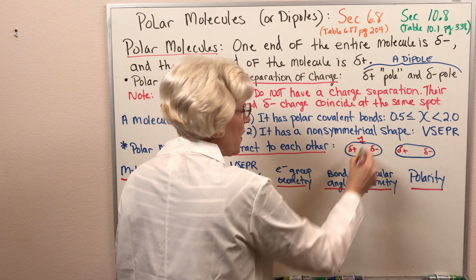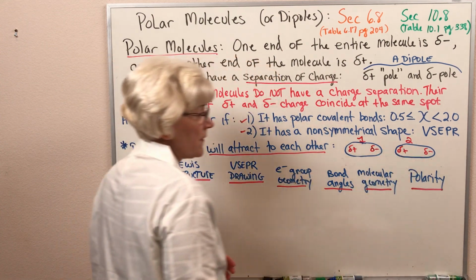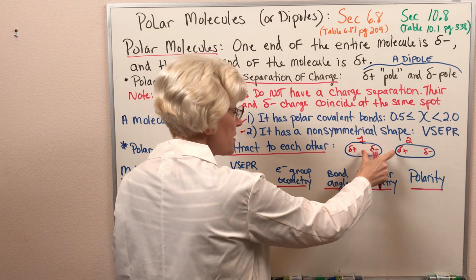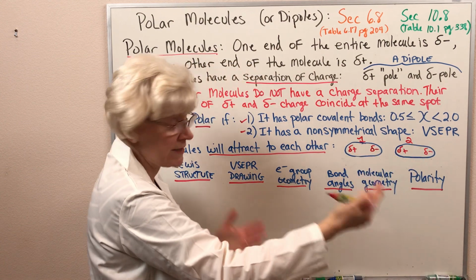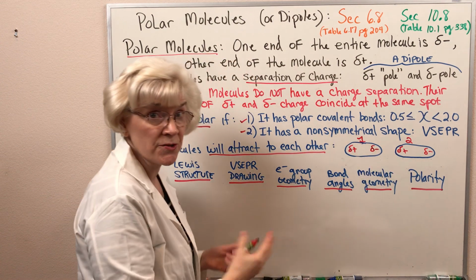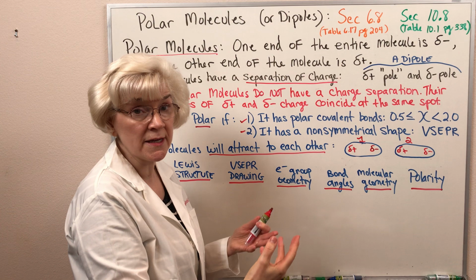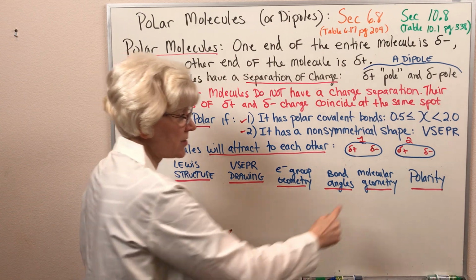So here is polar molecule number 1. Here is a second polar molecule, either identical to number 1 or a different but polar molecule. And you can see here that electrostatic forces of attraction will apply whenever there is opposite charge interaction.